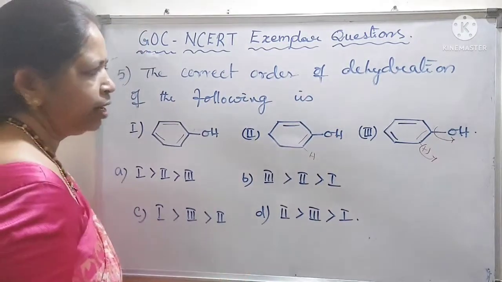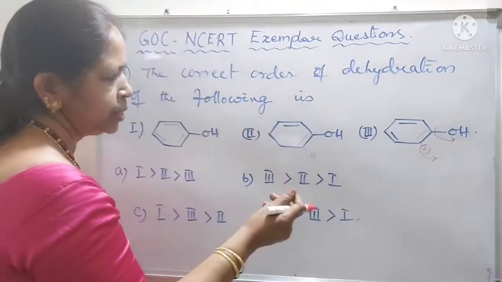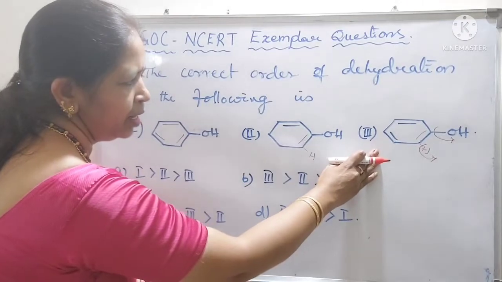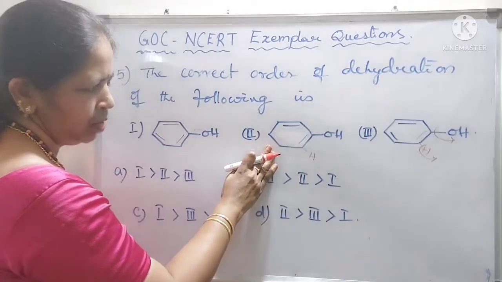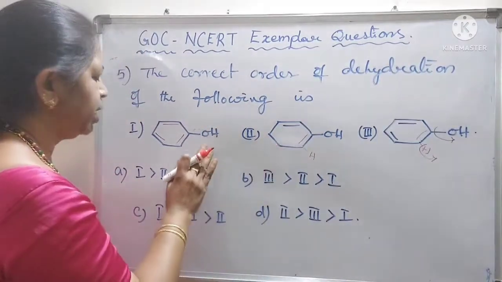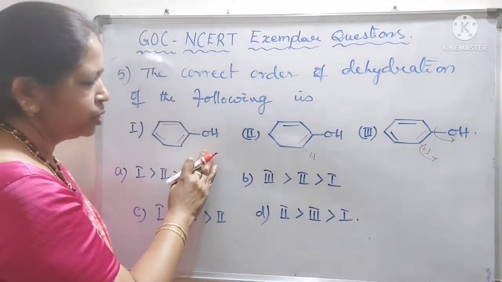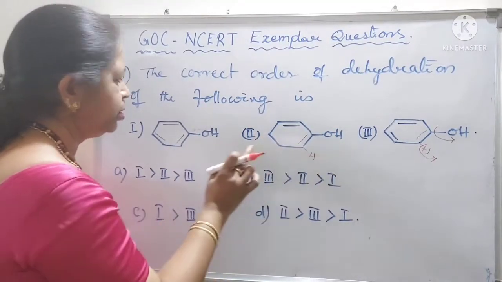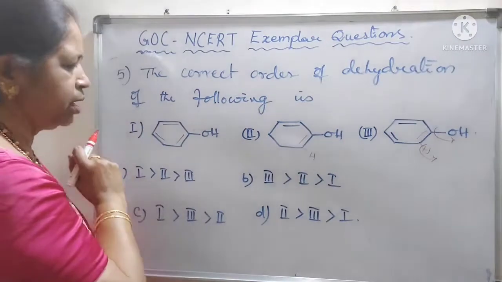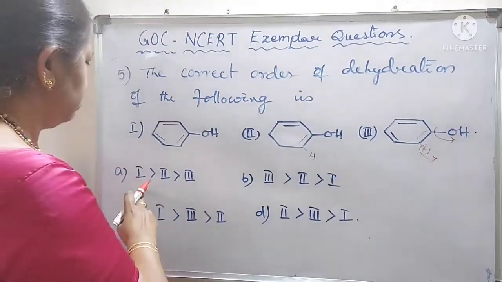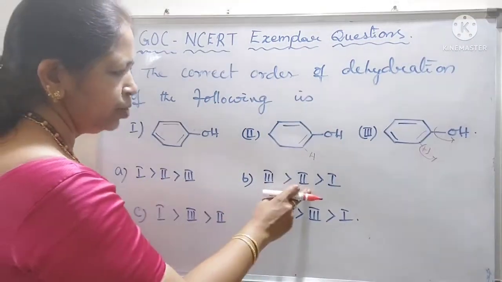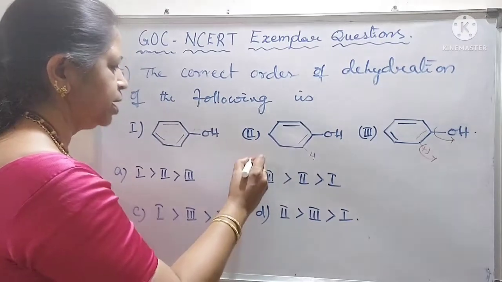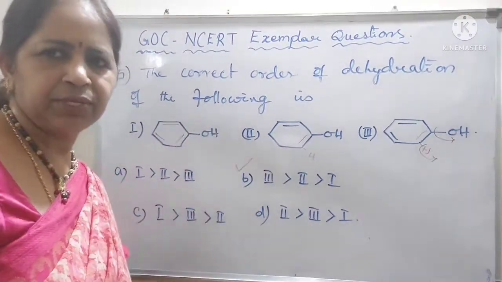So the order of dehydration is: 3 readily undergoes, 2 also undergoes, but 1 will not undergo. So 3 greater than 2 greater than 1 is the correct option. This is the correct answer for this question.